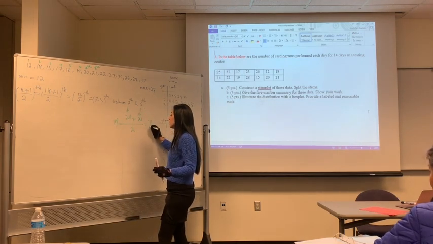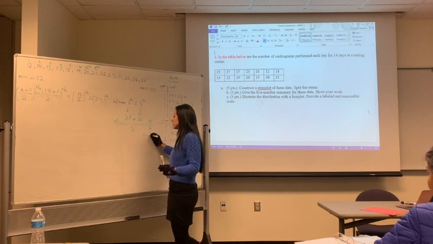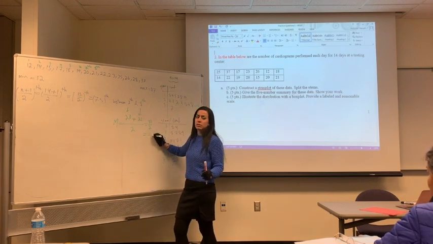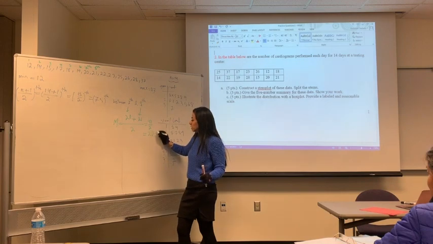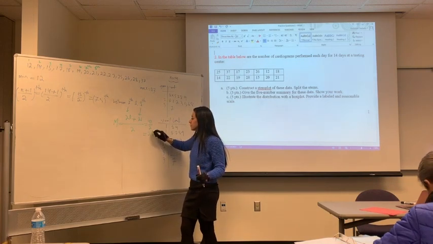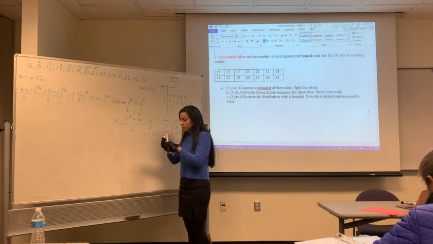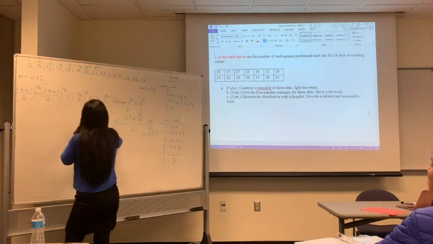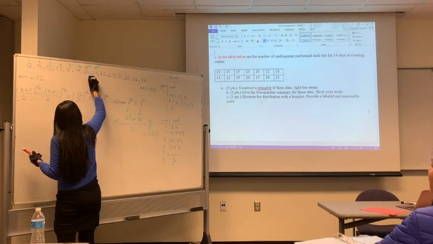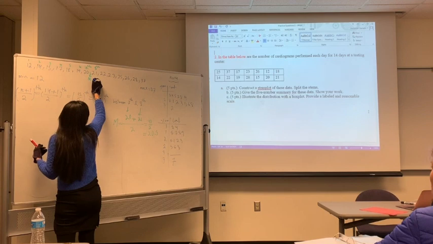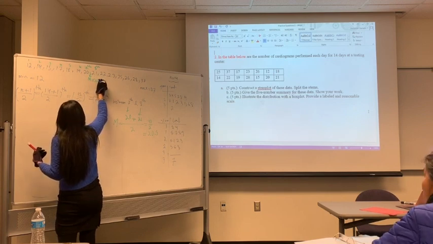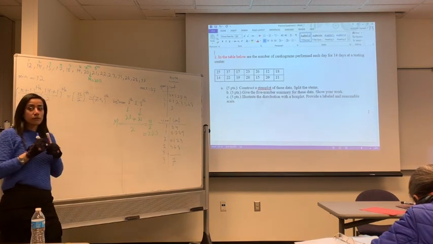We have 41 divided by 2, which is 20.5. This is the median, correct? So here we have the median, which is 20.5.